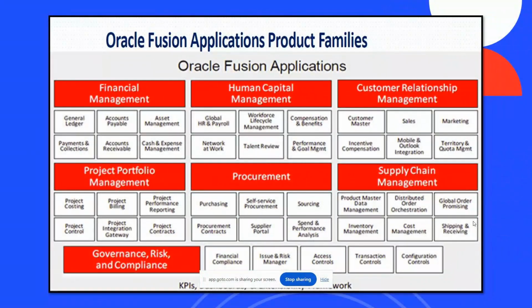We have the finance function, human capital management, CRM, project portfolio, procurement, and supply chain. All these functions have other modules as well. In finance, we have general ledger, accounts payable, and accounts receivable. In human capital management, we have global HR and payroll, workforce compensation, benefits, and OTL. The same applies to customer relationship management, or CRM.